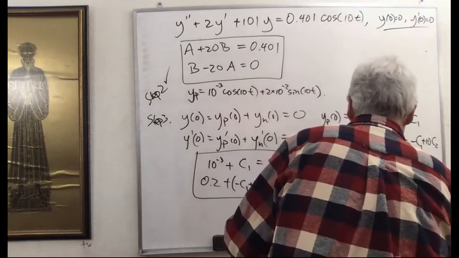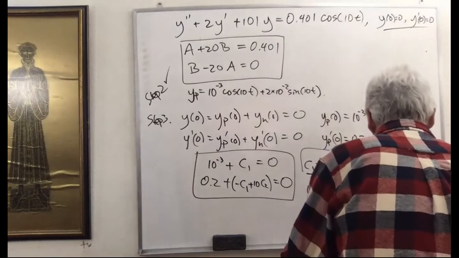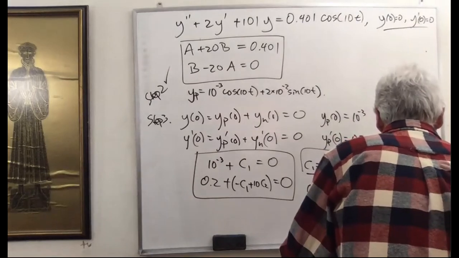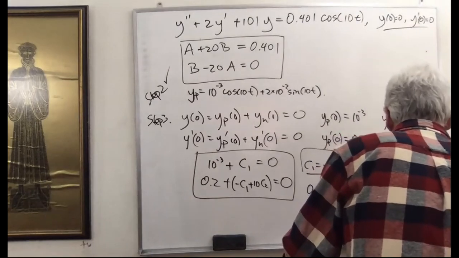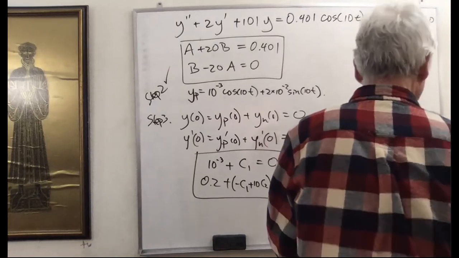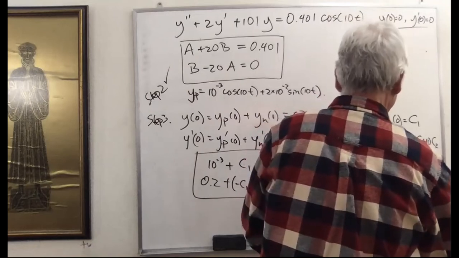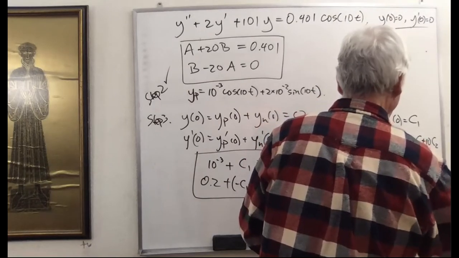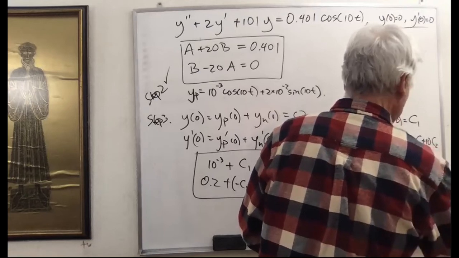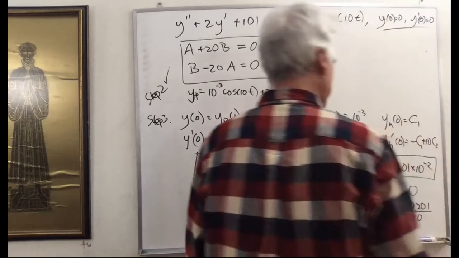So C2 is negative 0.201 over 10. Let's put it up here. C2 is negative 2.01 times 10 to the minus 2.